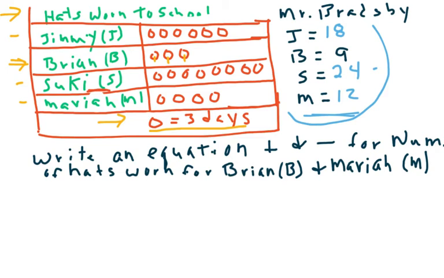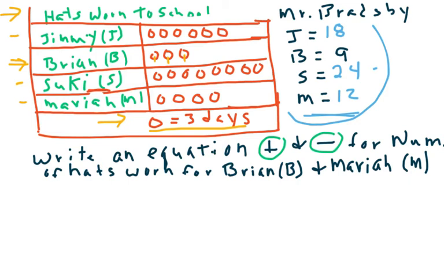For example, let's write an equation using addition and one for subtraction for the number of hats worn for Brian, we use B, and Mariah, we use M. So let's see, can you write an equation that relates B and M, Brian and Mariah, using addition and subtraction. And there's no just one way to do it. There's a lot of ways to do it.